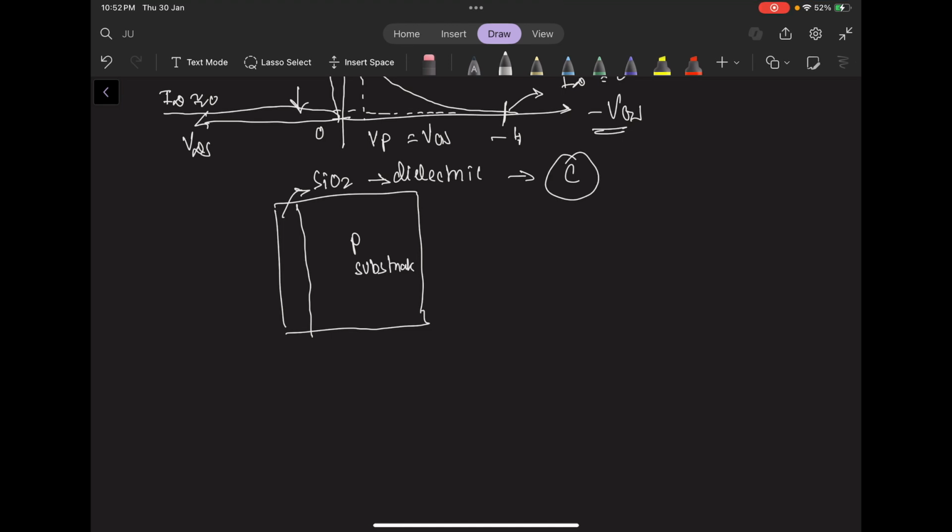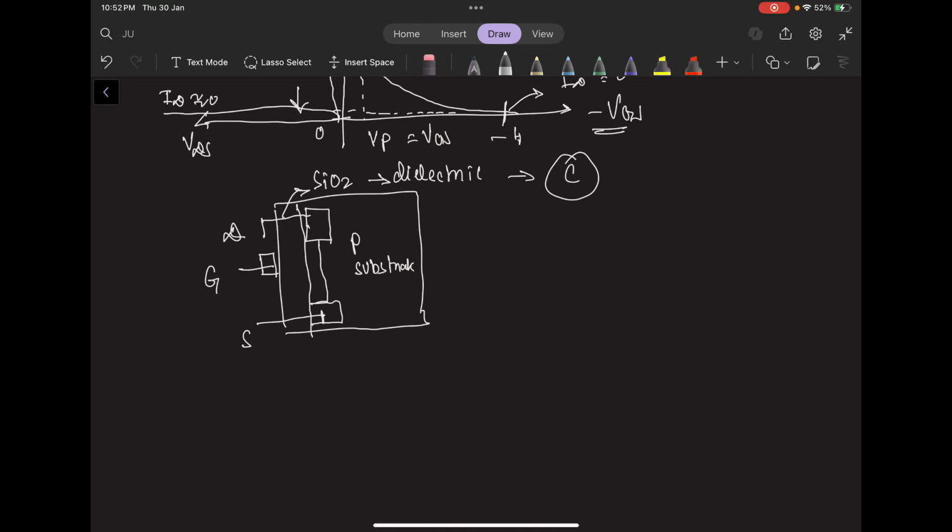Remember, we learned this in case of capacitors. And through this dielectric layer, we have an N channel over here, another thinner N channel, and then another thicker N channel. So this will be your drain, this will be your source, and here will be your gate.